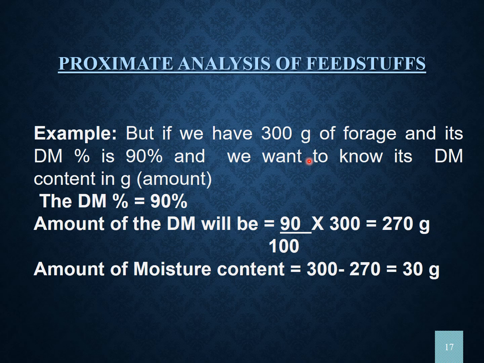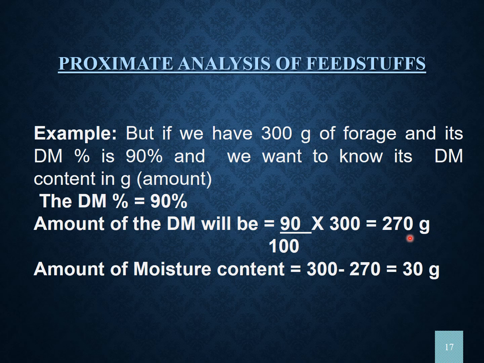So you just need to multiply the percentage of dry matter, which is 90% or 90 over 100, by the amount of grams of forage to give you the amount of dry matter. Okay, so the amount of dry matter is 270 grams.